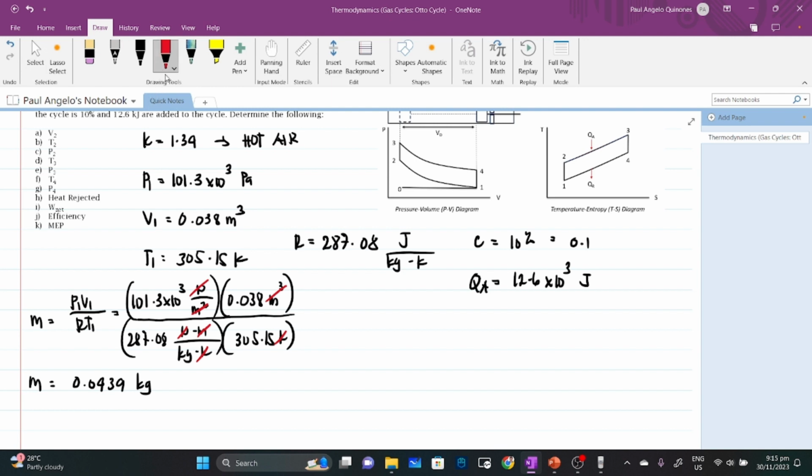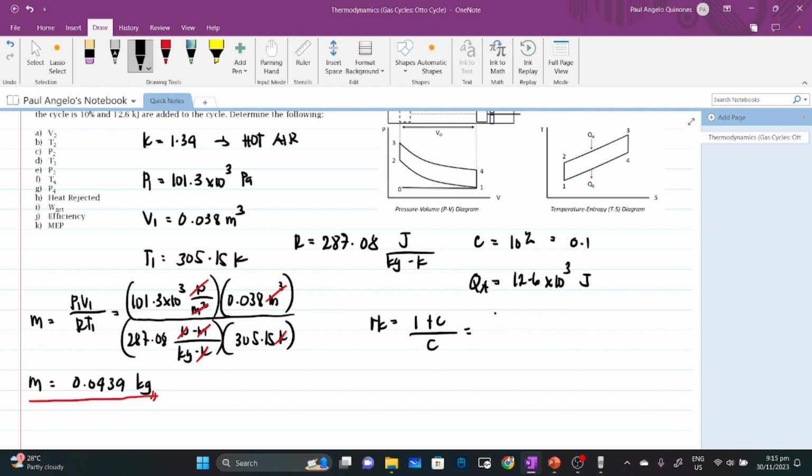Next, the next thing that we can solve is the compression ratio. Since we are given the clearance, the compression ratio can be solved as a function of the clearance, which is 1 plus c over c.